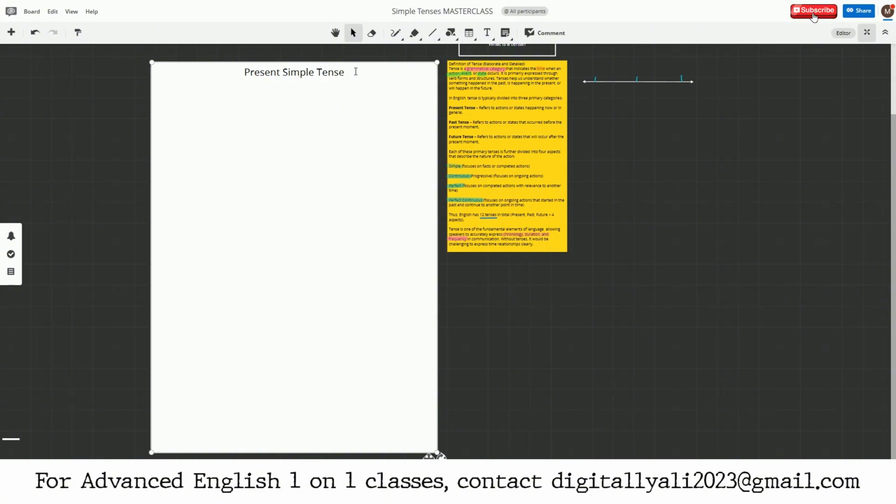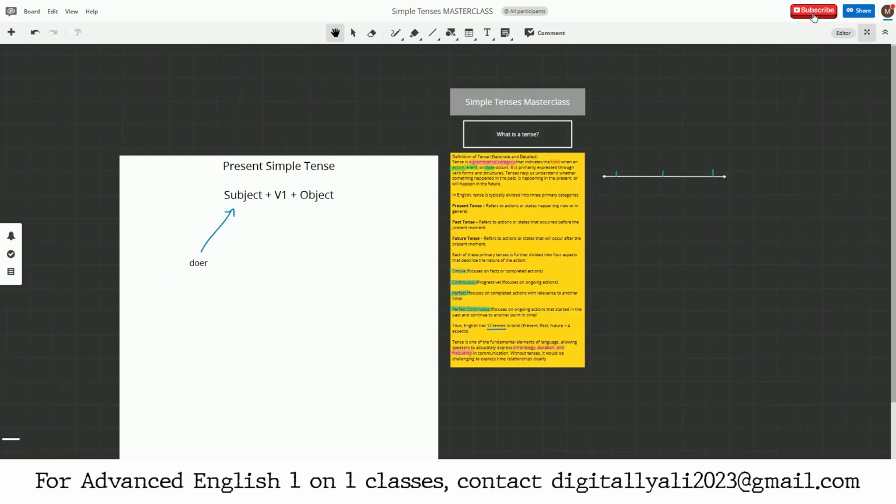The present simple tense is the simplest form of tense, in which the formula is the subject plus verb first form plus object. So subject is somebody who does the action on the object. The verb is the action, right? The object is upon which the action happens.